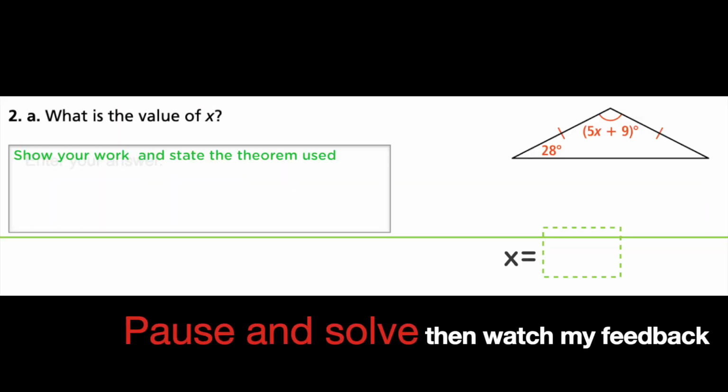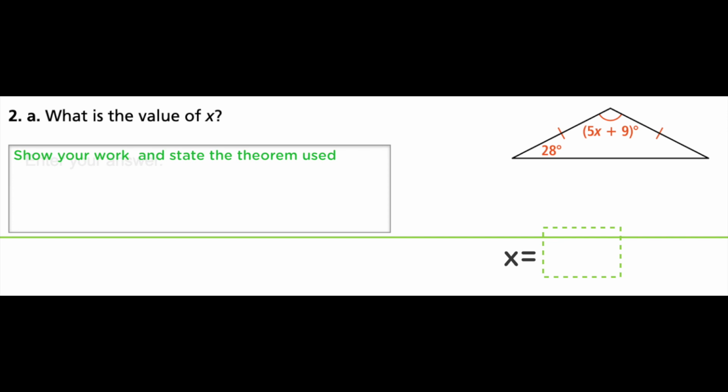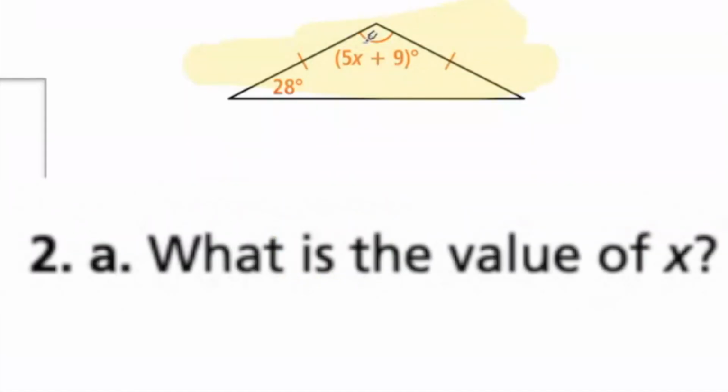Now let's start using it. For example, here, what is the value of x? So you look at the diagram and you can collect the information from this diagram. You have a triangle here and they show you something very special in this triangle. Who can tell me what is special in this triangle?